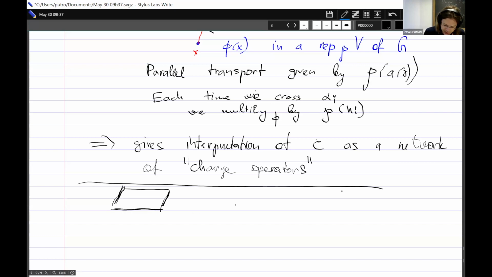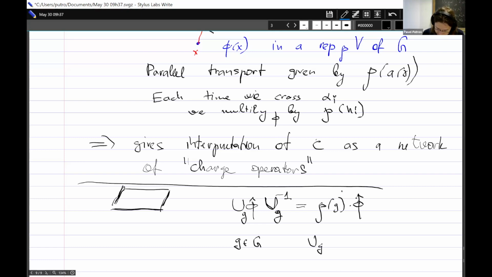The basic idea is that the usual charge operators work in the following way. If you consider quantum operators corresponding to the field, you have a unitary transformation U_G corresponding to some group element G. It acts in the following way on my field operator phi, but one can rewrite it in this way.